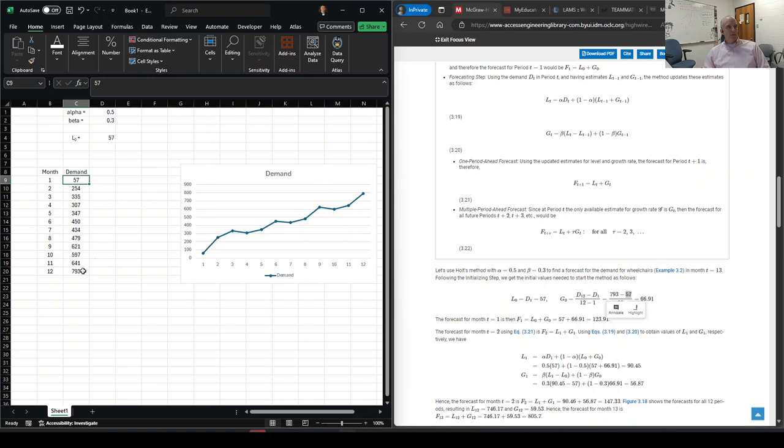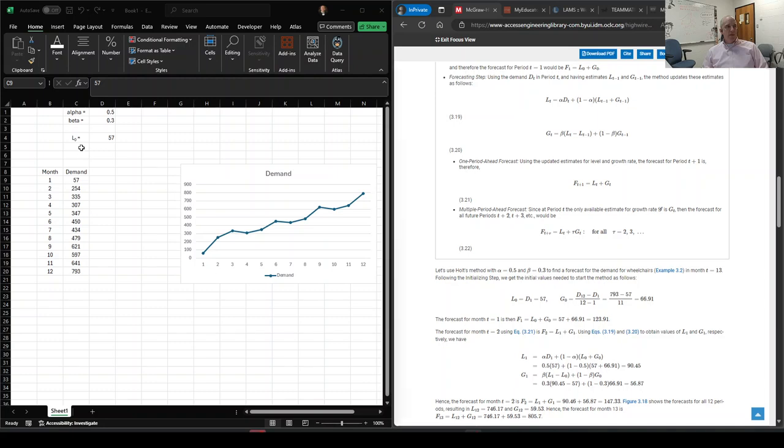So we're taking the difference between 793 and 57 divided by month 12 minus month 1. So this is saying in 11 months, the demand has grown per month by 66.91. Does that make sense? That's our baseline per month growth.